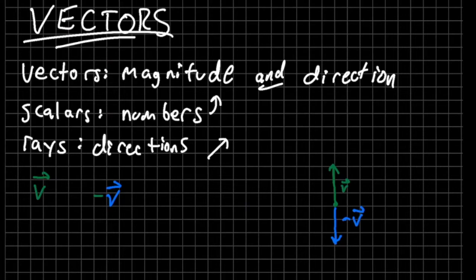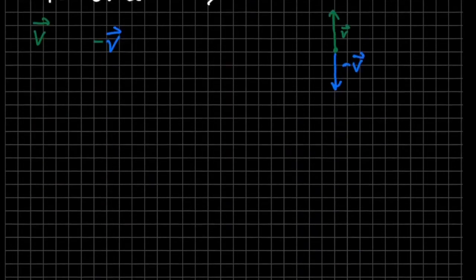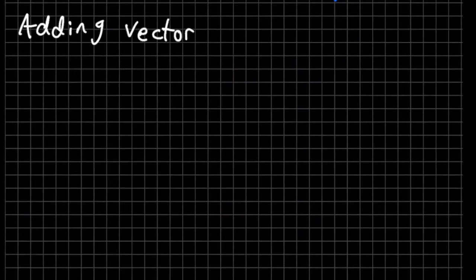We can perform operations between vectors by adding them from what we call tip to tail. So looking at adding vectors. We can add vectors by adding them tip to tail.